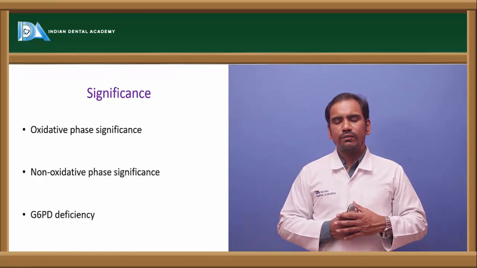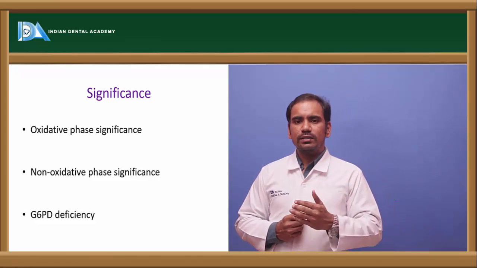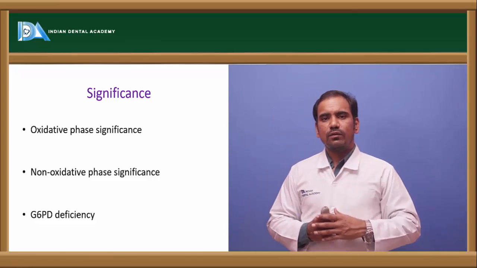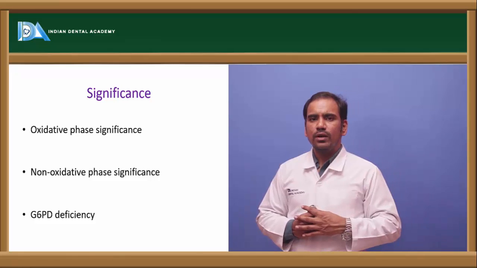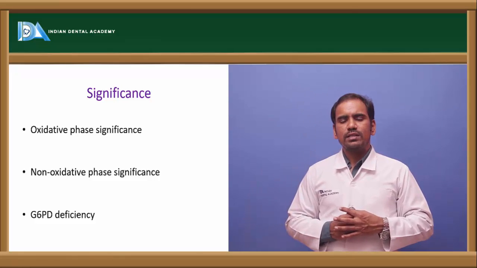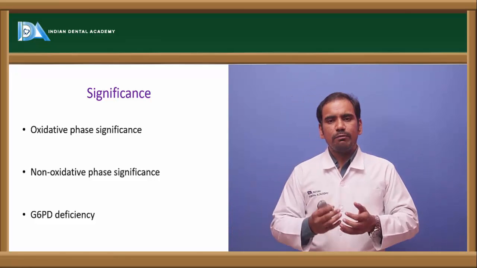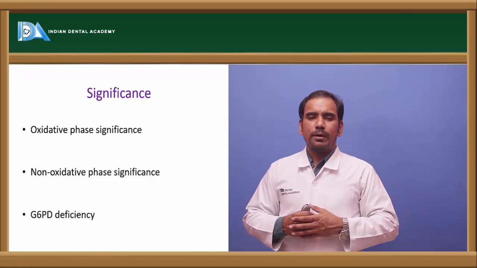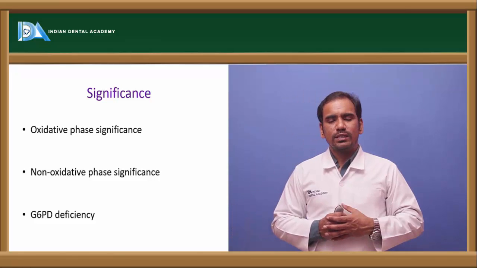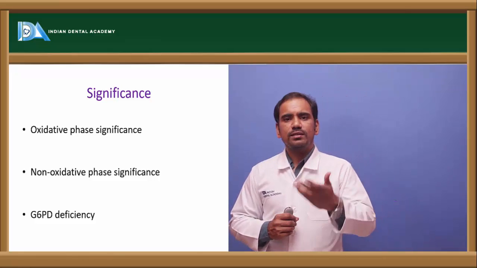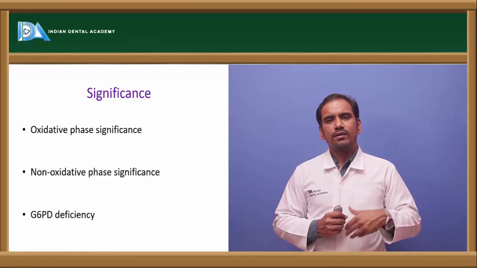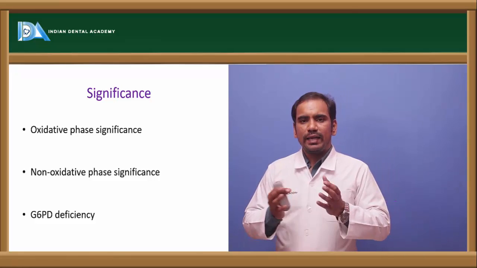So here you can see the significance. We'll discuss it under two headings: the significance of the oxidative phase and the significance of the non-oxidative phase. The oxidative phase generates NADPH, which is utilized in important reductive biosynthetic reactions. For example, for the synthesis of fatty acids and cholesterol, we require NADPH.